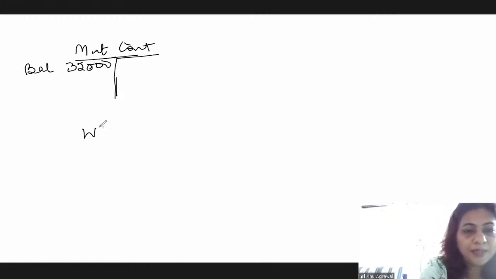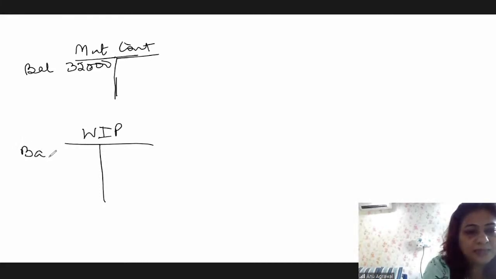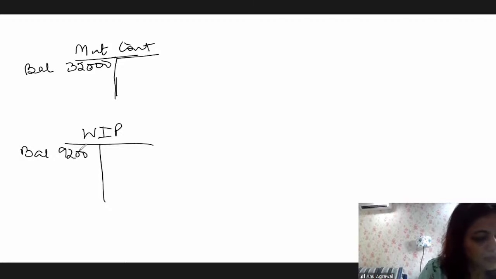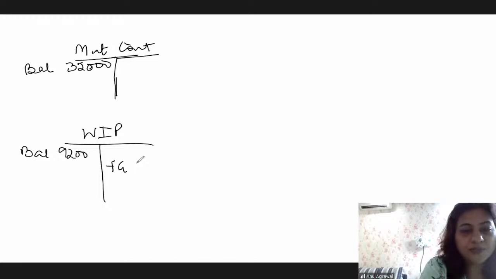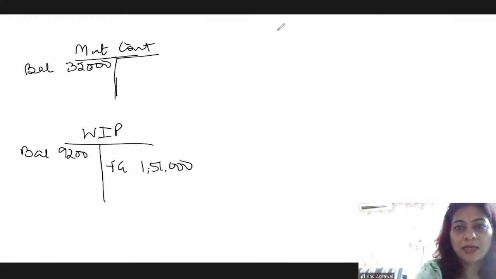They have given me a WIP control account, in which they are giving me two things. They are giving me an opening balance of 9,200, and they have said that the amount transferred to finished goods is 1,51,000.